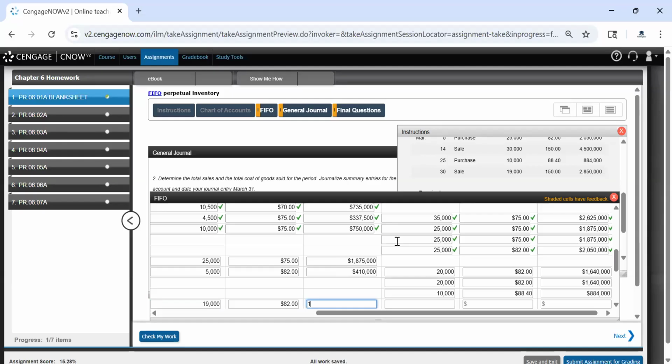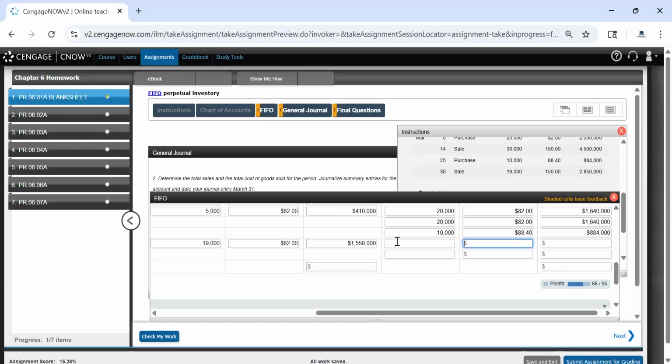And that's going to come to $1,558,000. And then our ending inventory, we still have 1,000 units left of the $82 inventory. And then we have 10,000 units of the $88.40 inventory.